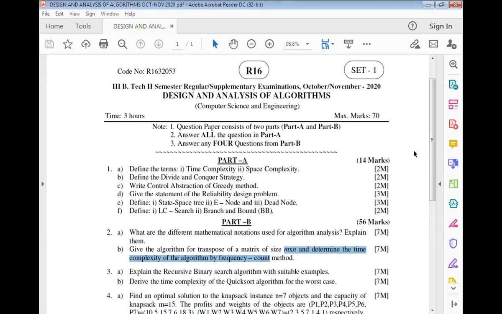First of all, you must know what binary search is. Just see.